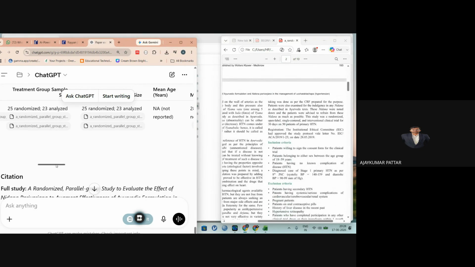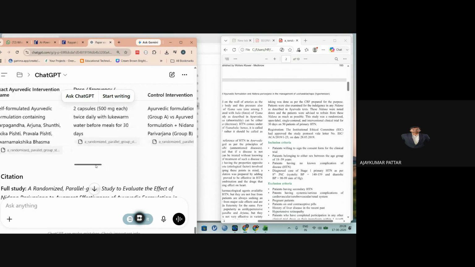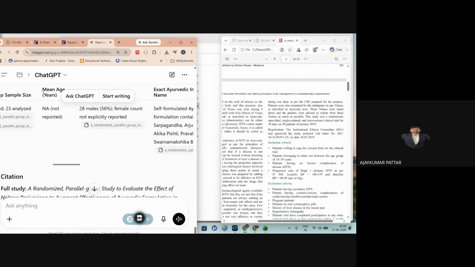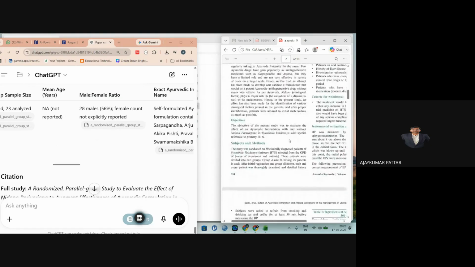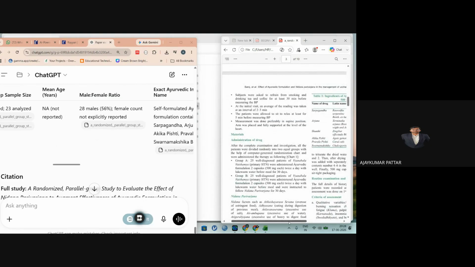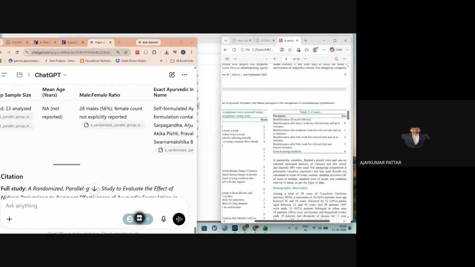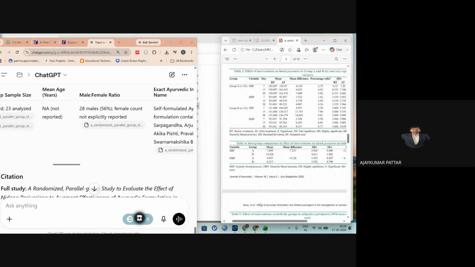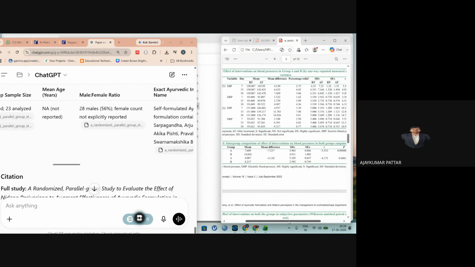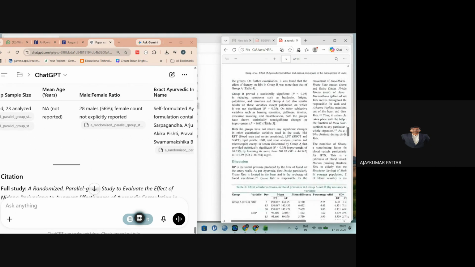Then mean age, they have not mentioned mean age. Mean age is not reported, so we check whether they have mentioned it in the descriptive data. They have not mentioned it in the descriptive data.